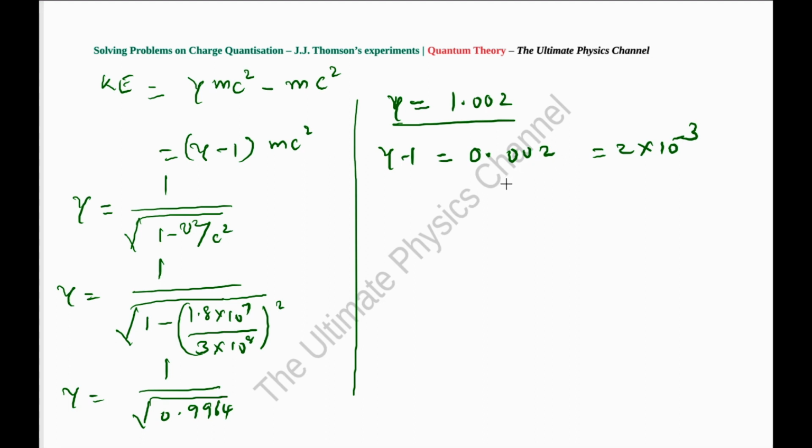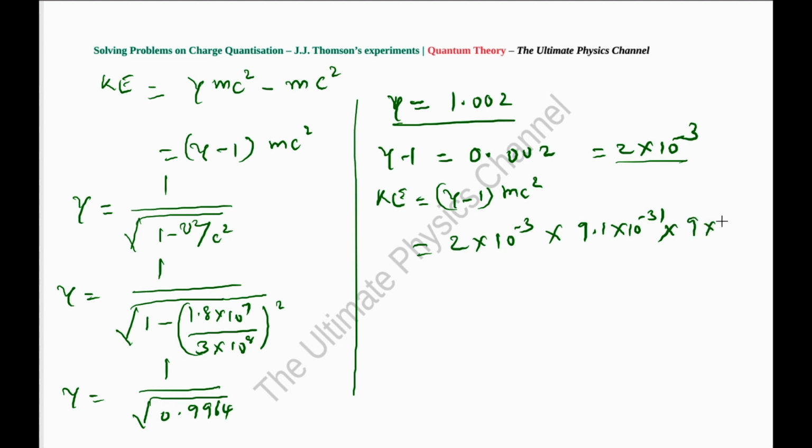Now for the kinetic energy calculation, gamma minus 1 times mc squared is 2 times 10 power minus 3, which is gamma minus 1 here, times the mass of the electron, 9.1 times 10 power minus 31, times the speed of light squared, that is 9 times 10 power 16, that is 3 times 10 power 8 whole squared. So if you perform this calculation, we get kinetic energy in this case to be equal to 1.64 times 10 power minus 16 joule.